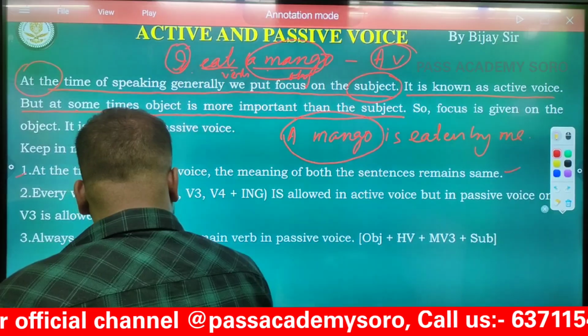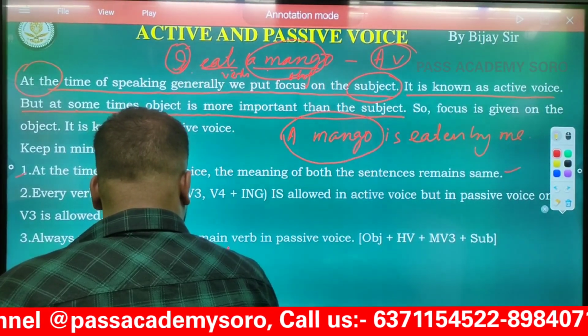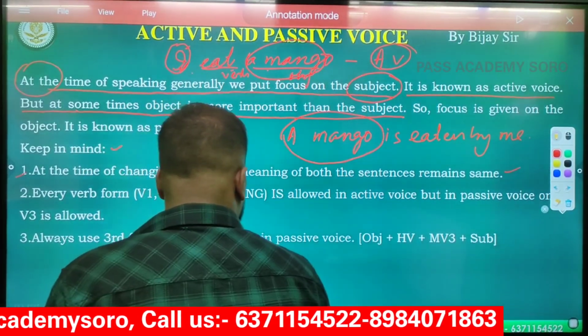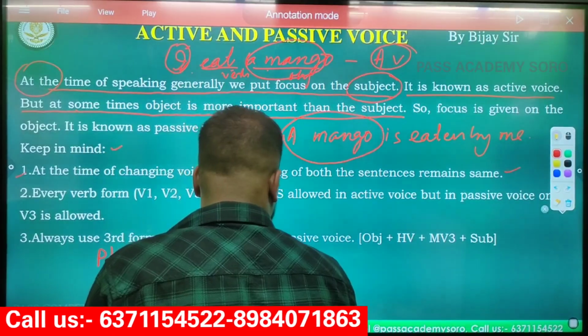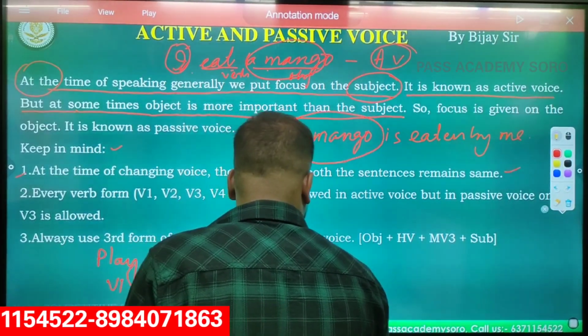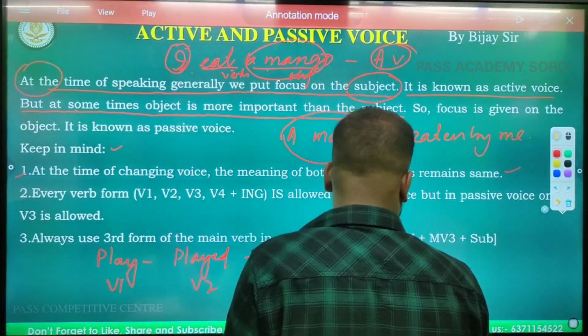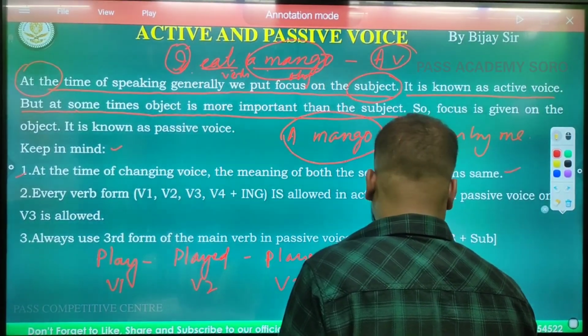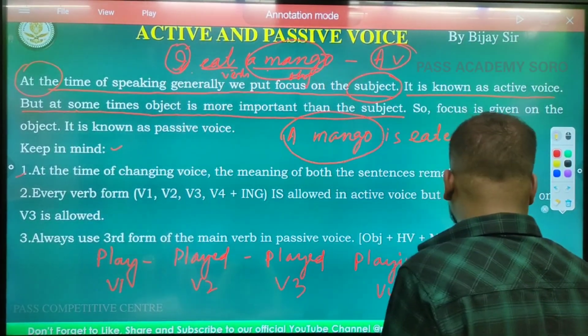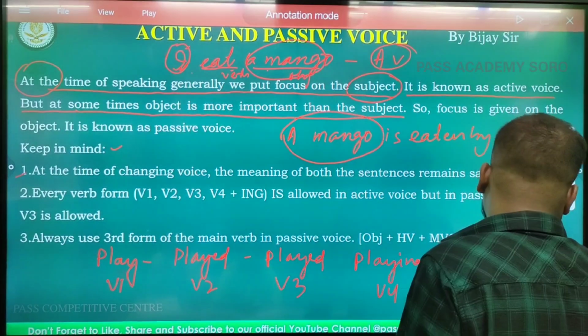The second form, played, V2. V3, played. V4, playing, and V5, plays.